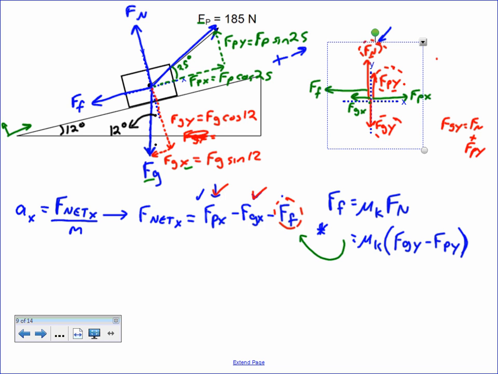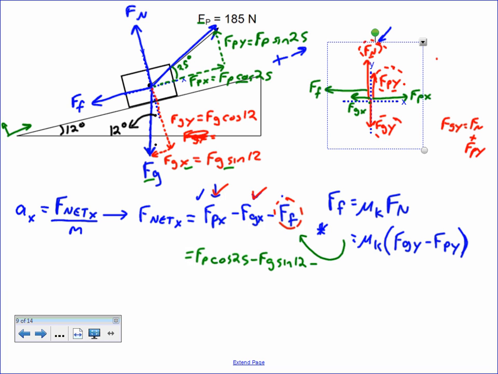So we're going to get, let's plug the formulas in for these guys. Equals Fpx is cos 25 minus Fgx, which is Fg sine 12. So that comes from here, and the first one came from here.